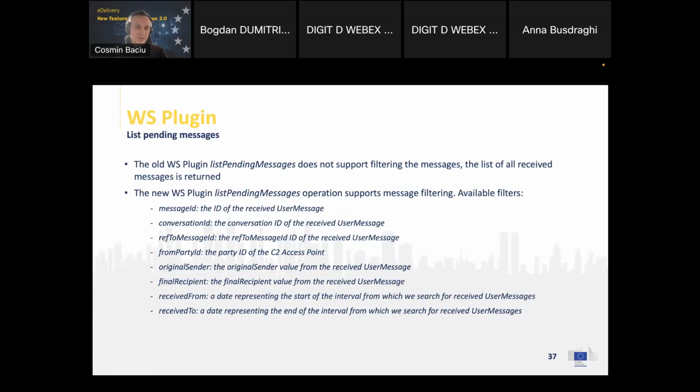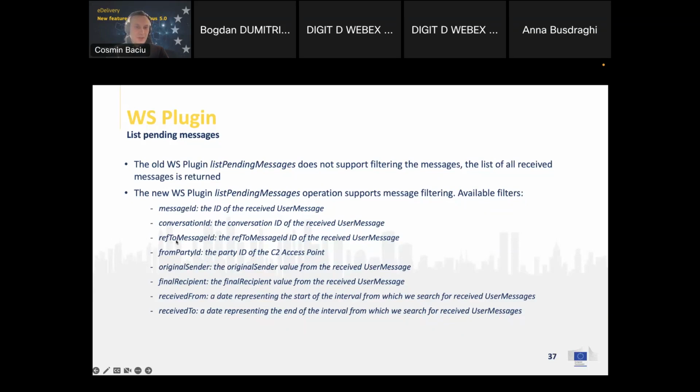In 5.0, you can filter based on the message ID. So let's suppose that you already know the message ID that you want to consume. You can do that. When you have a series of messages that are exchanged and are related between each other and they share the same conversation ID, you can use the conversation ID to filter those messages.